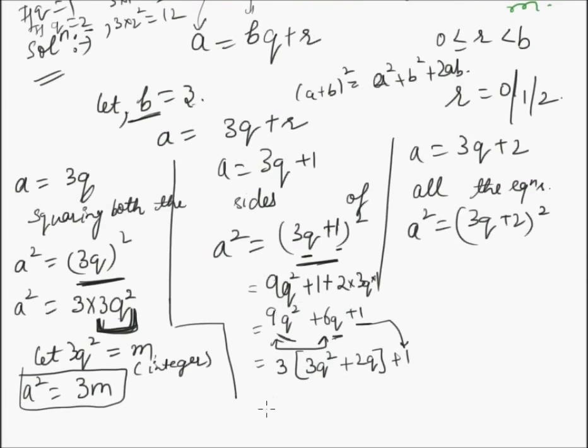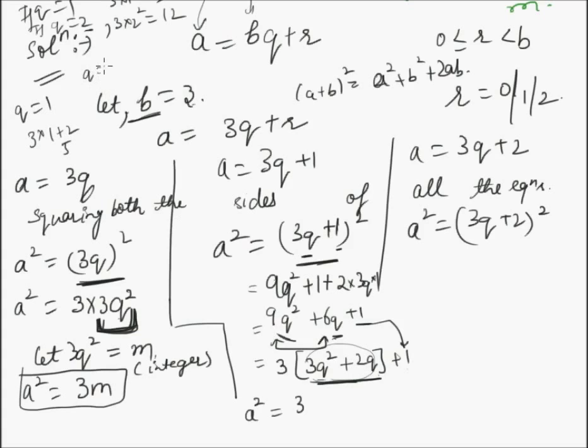Thus from the second case we have the value of a square as 3 into this term plus 1. Now friends, for different values of q, this term will be some integer. Say if q is 1, then the value will be 3 into 1 plus 2, which is 5.